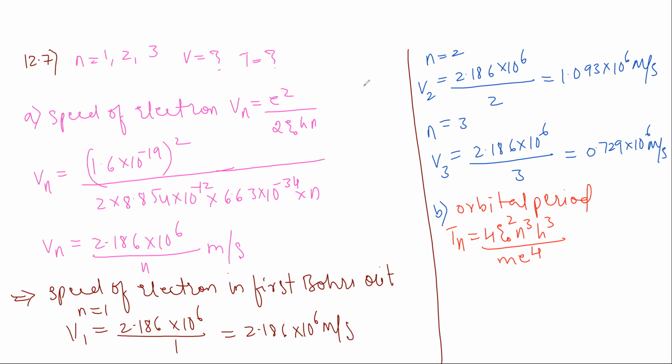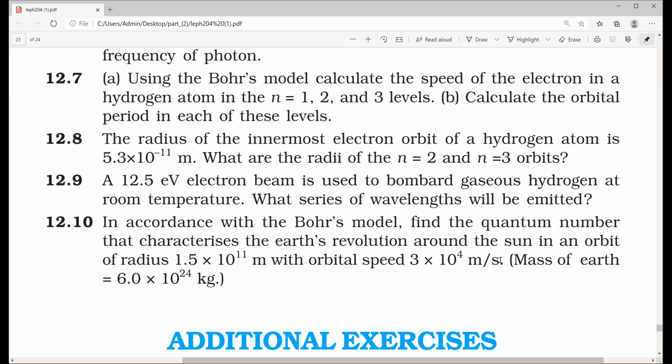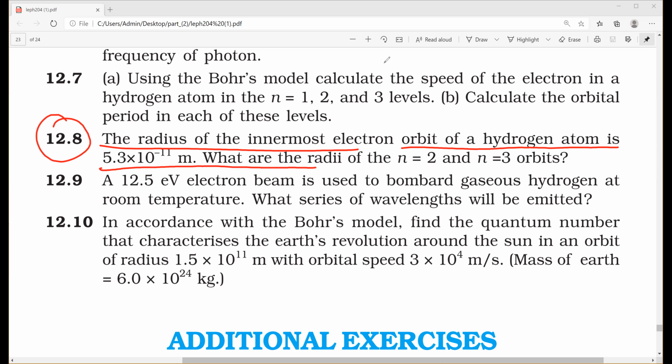So we shall see 12.8. So 12.8 ಏನೈತೆ ನೋಡ್ರಿ, the radius of the innermost electron orbit of hydrogen atom is 5.3 into 10 to the power of minus 11 meter.